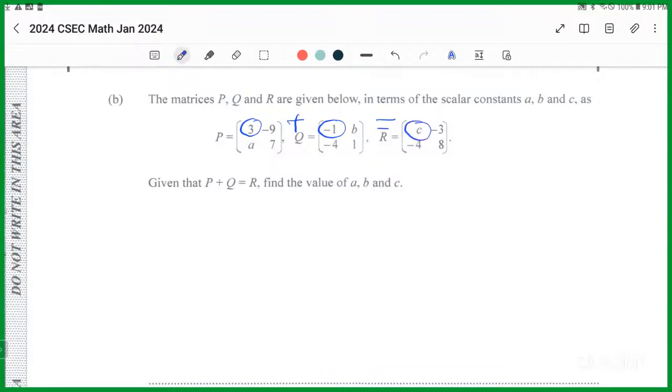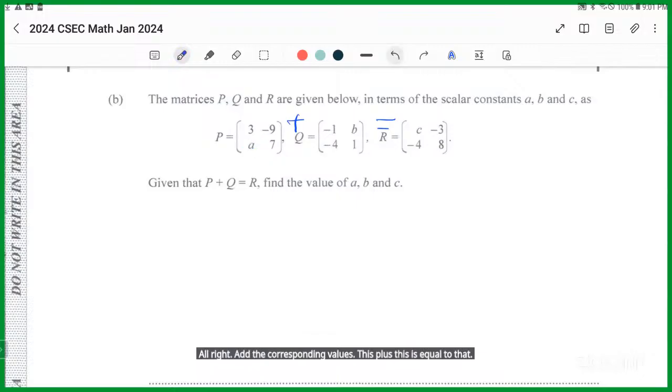So, for example, this plus this is equal to that. Add the corresponding values. And this plus this is equal to that. P plus Q is equal to R. So let's do it. To get the C, it is this plus this equals C. So it is 3 and minus 1 equal to C. That is 2.